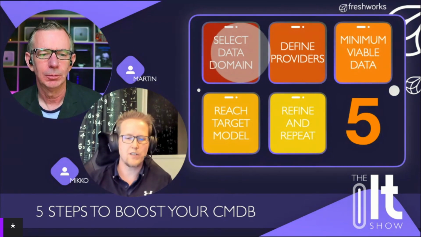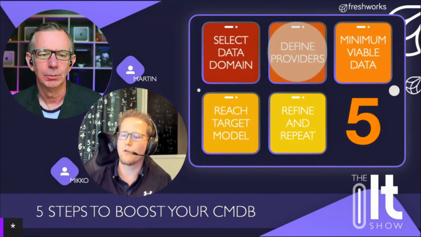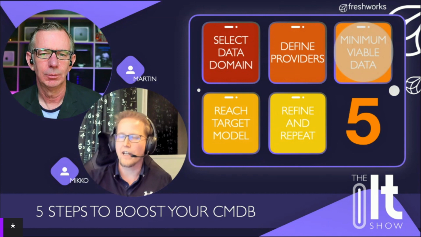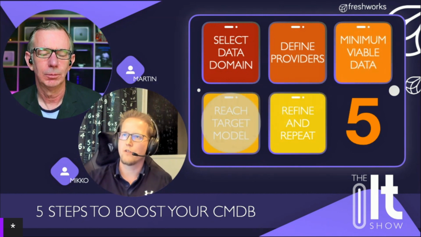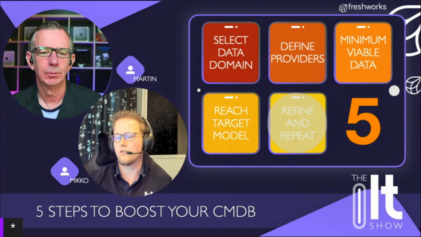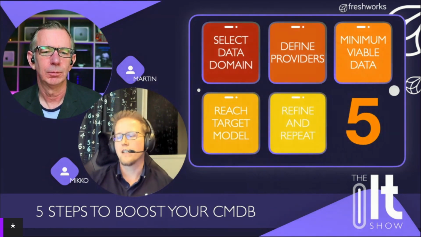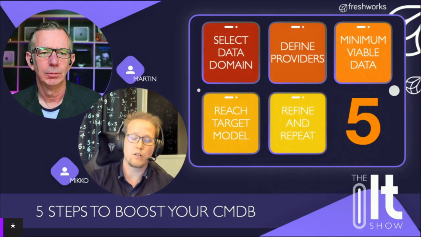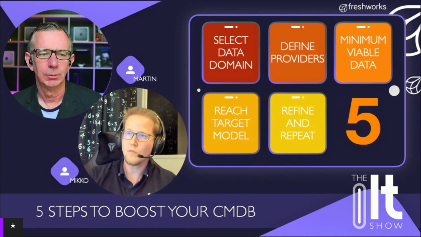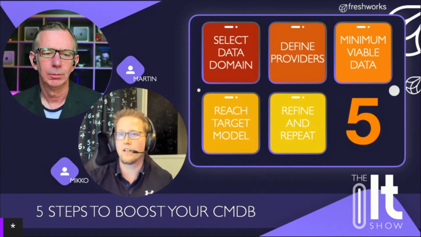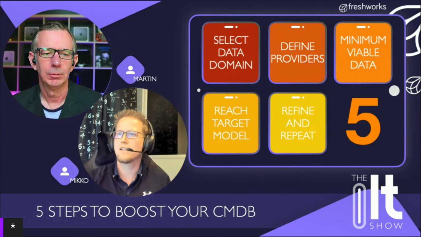So this relates to scoping and how you can do things again in a systematic way, one step at a time. The first step here is to select the domain or the area that you want to focus on. If we go back to the common service data model, one part of that model could be one domain, or even one table in your CMDB or one CI class.